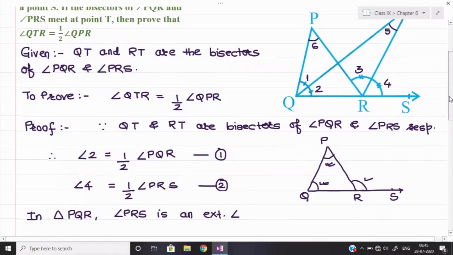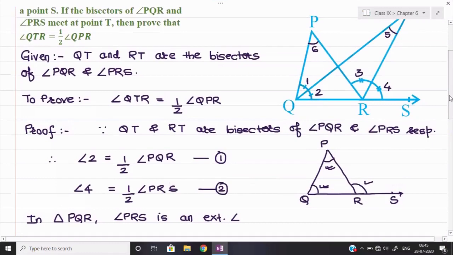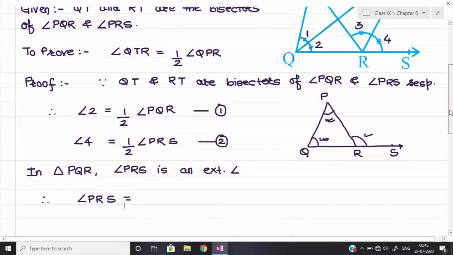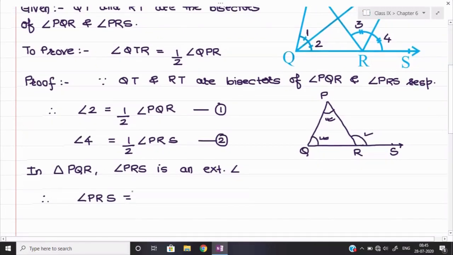Angle P we have given a name as angle number 6. So in place of angle P, for some time I will write down angle number 6. So angle PRS will be equal to angle 6 plus angle PQR, because angle Q we are writing with a full name as angle PQR.